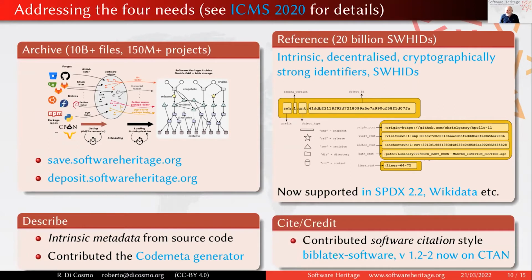And for citation and credit, we finally released support for having software properly handled in BibTeX, which is used in the TeX LaTeX processing system, very popular in many fields of research. This is available in the latest version, 1.2.3 and not 1.2.2, but it doesn't matter. And you can already use it in your publications.